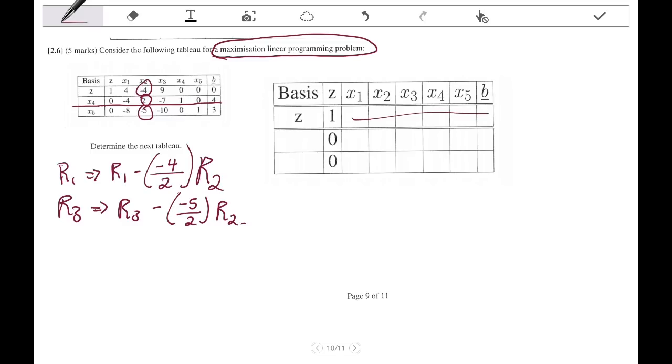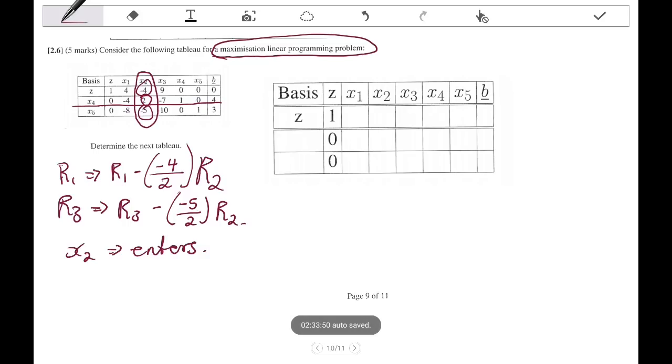We're going to fill our table. But before that, you have to identify again the entering variable and the leaving variable. Since x2 is on the pivot column, x2 enters. The variable on the pivot column enters. Then you look for the basic variable on the pivot row.